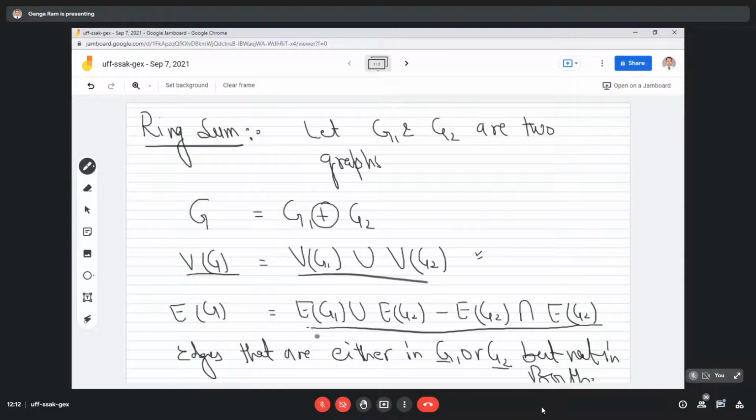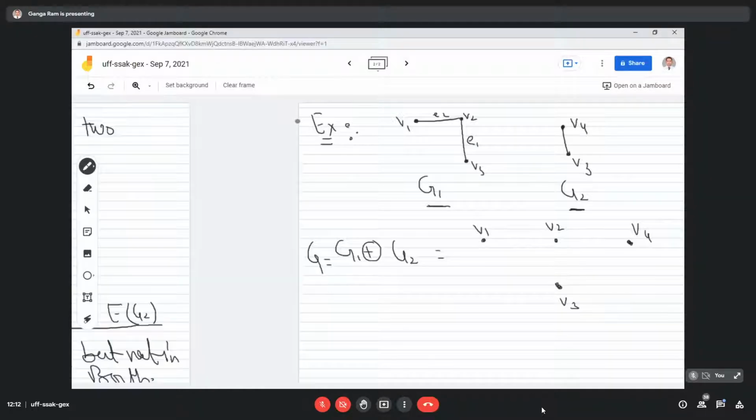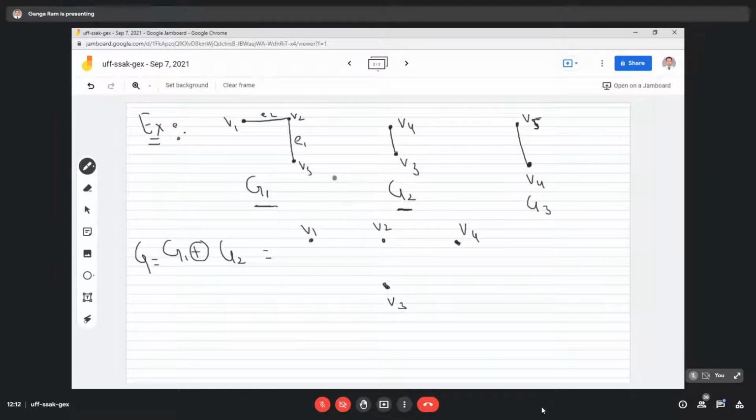So tell me, is there any edge which is common in G1 and G2? No, sir. So it means that graph will be the ring sum of this one.